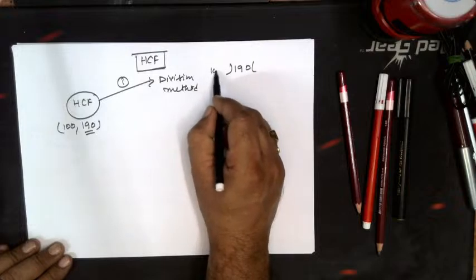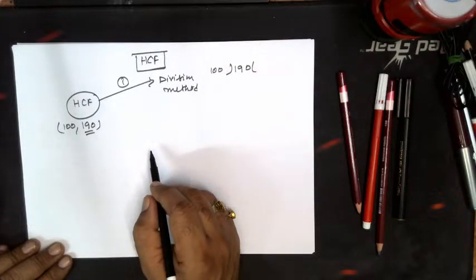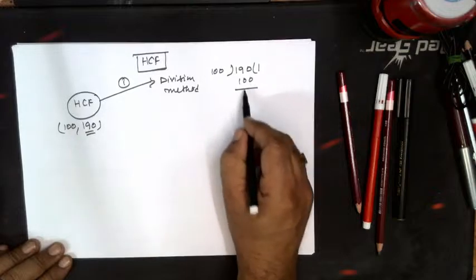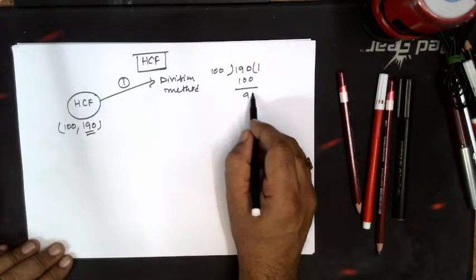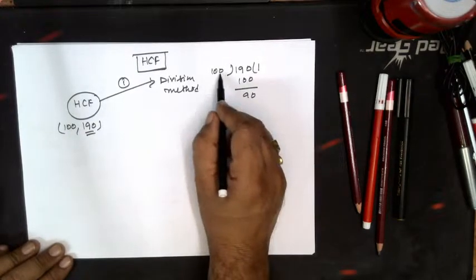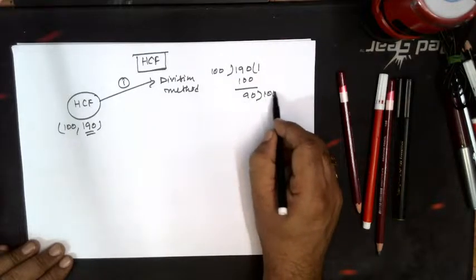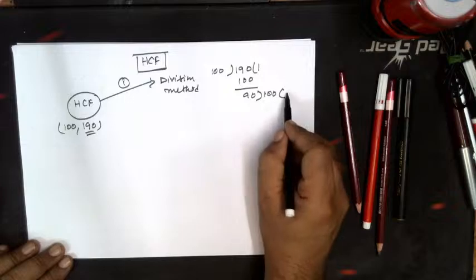So 100. One time 100, then 90, and you have to bring the divisor inside as the dividend. How many times? One time.